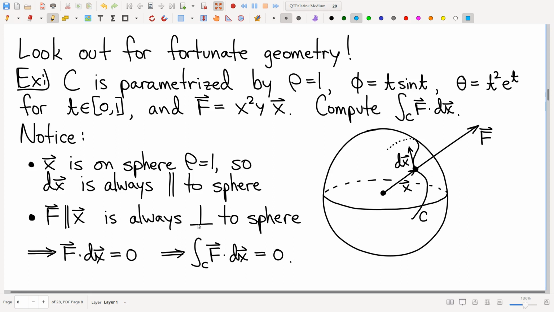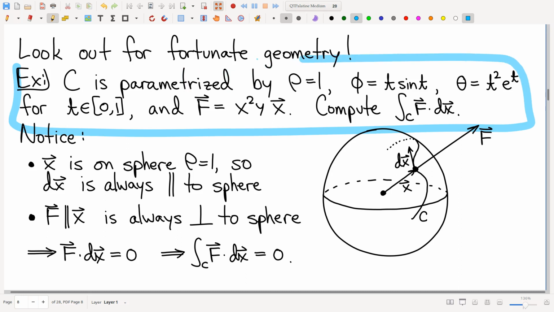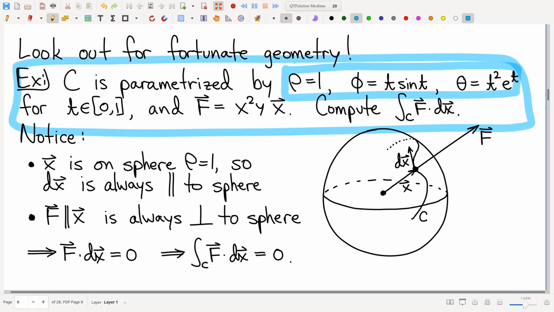Sometimes it's not a symmetry thing. Sometimes you get lucky with the geometry. So here's how we get lucky in this problem. Here's the question. We have a pretty ugly parametrized curve right there. And by the way, notice that's not even telling the full story of how ugly this curve is. I gave you the spherical coordinates.